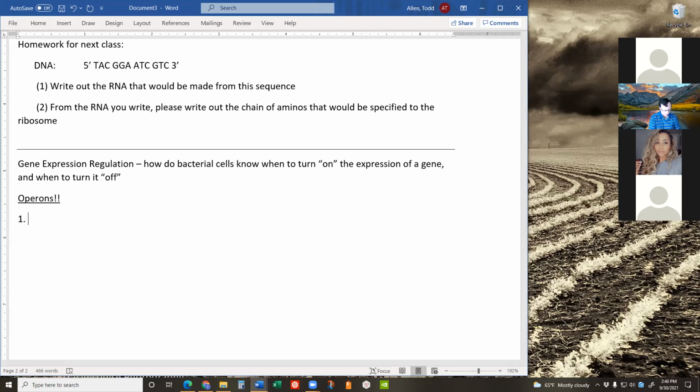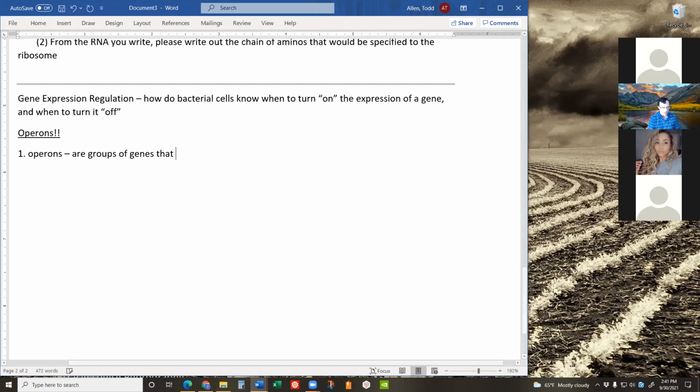So operons are groups of genes. Operons are groups of genes that work together, and I'm going to put in parentheses, are expressed together to accomplish a common goal. Okay. For example, and this is the example that I'm really going to nail into you today and at least part of next class.